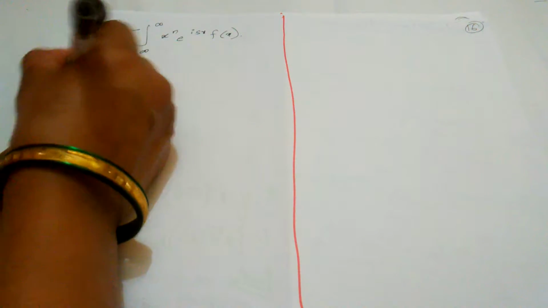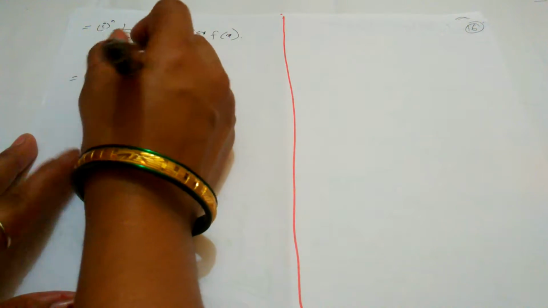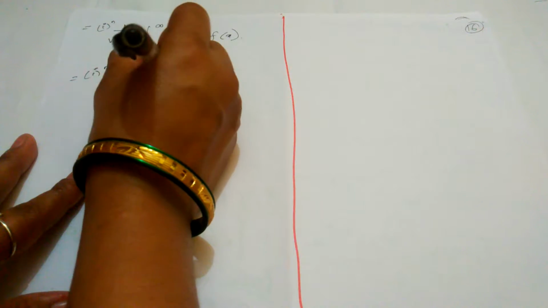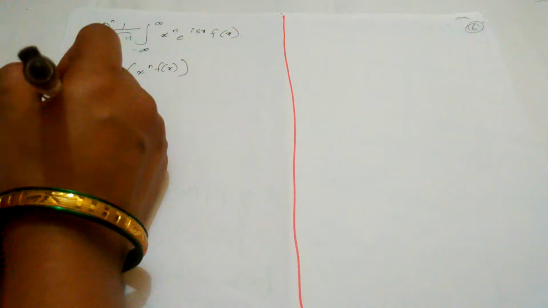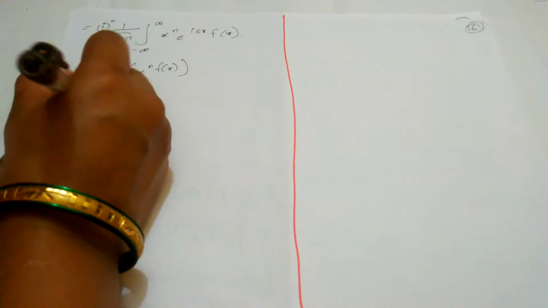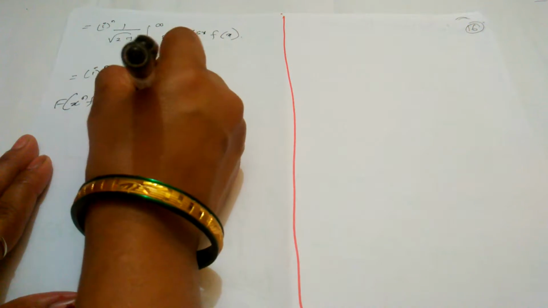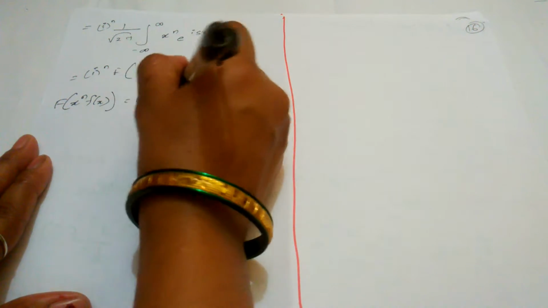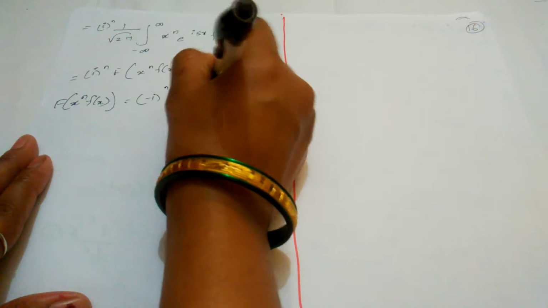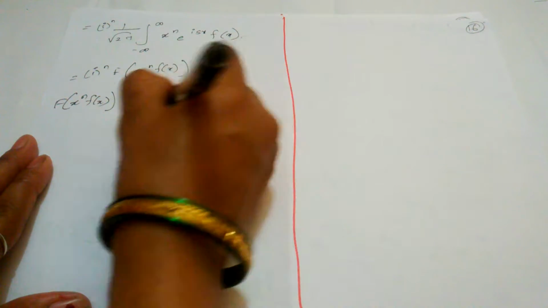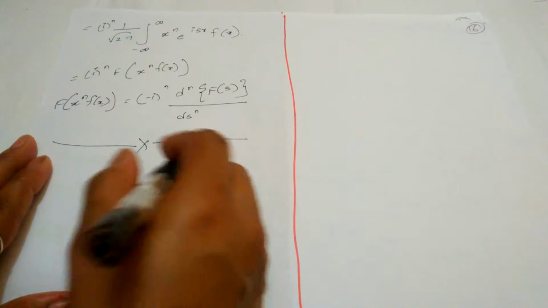Which we can write as i^n F of x^n f(x), or we can also write F of x^n f(x) is equal to (-i)^n d^n F(s) upon ds^n. Hence we have proved.